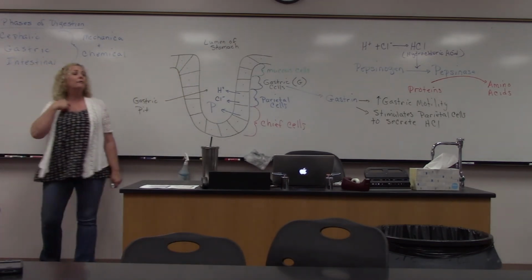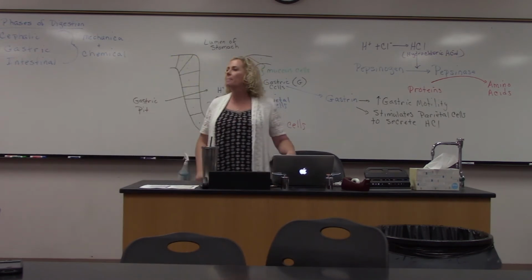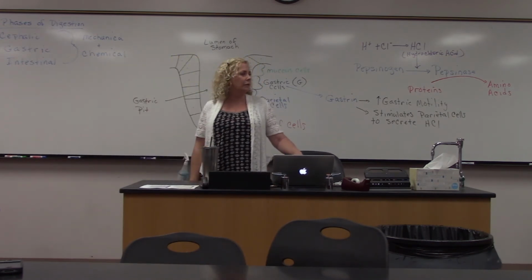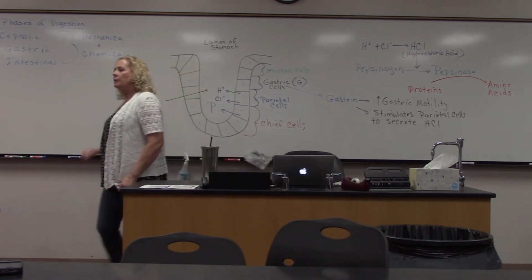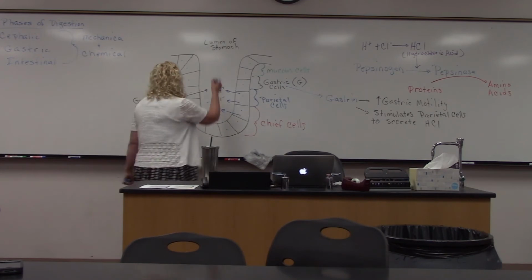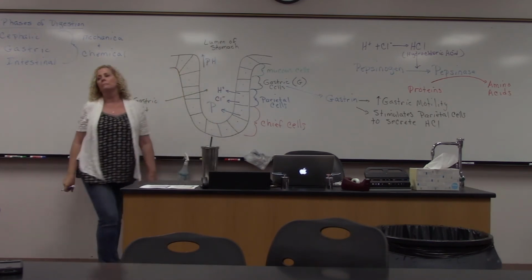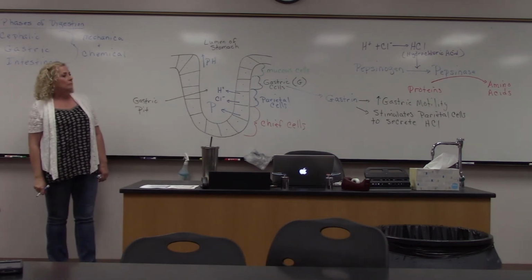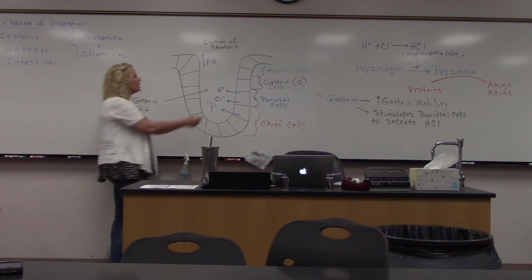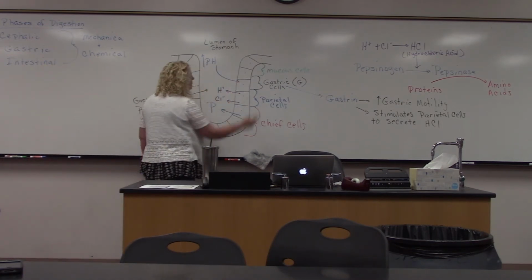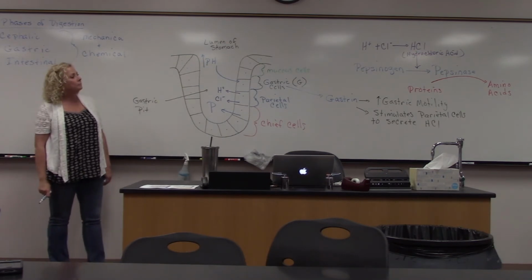So now when we eat food, the majority of food that we eat is actually very basic. We don't eat a lot of acidic foods. Okay? So typically when food enters into our stomach, it causes the pH of our stomach to go up. When we raise the pH of our stomach, this is what stimulates gastric cells, and then they make gastrin.